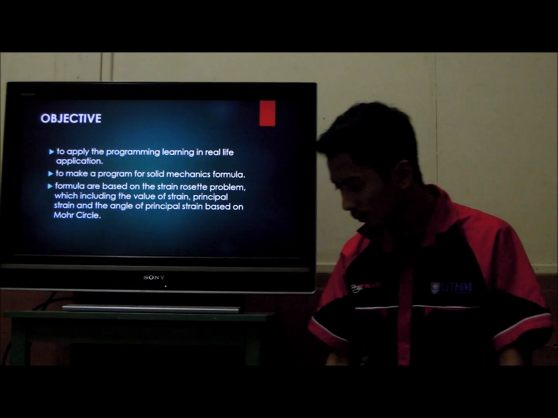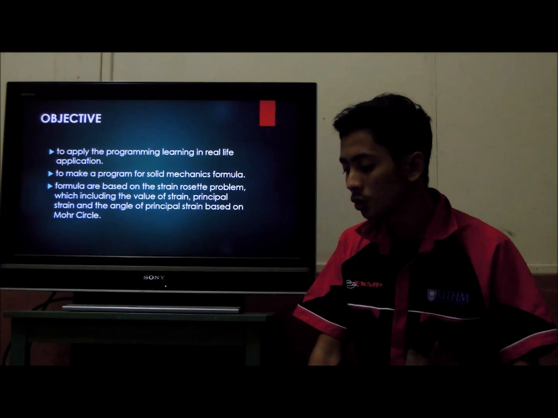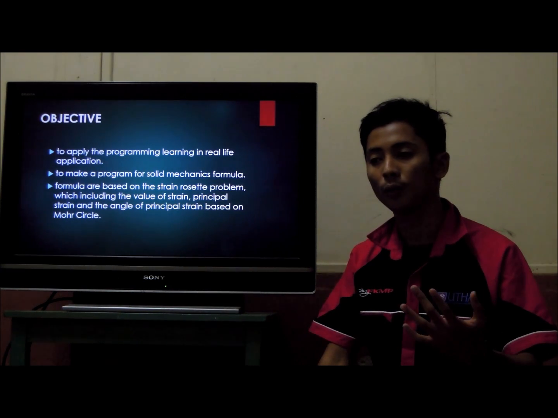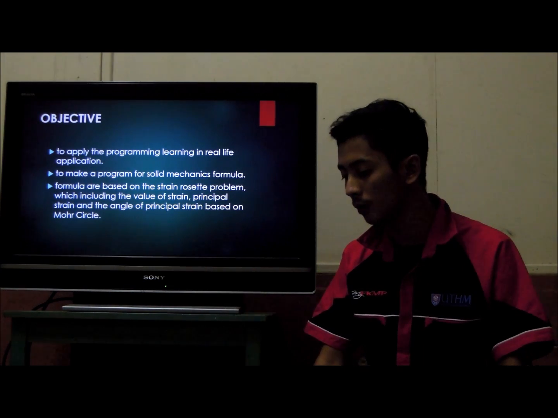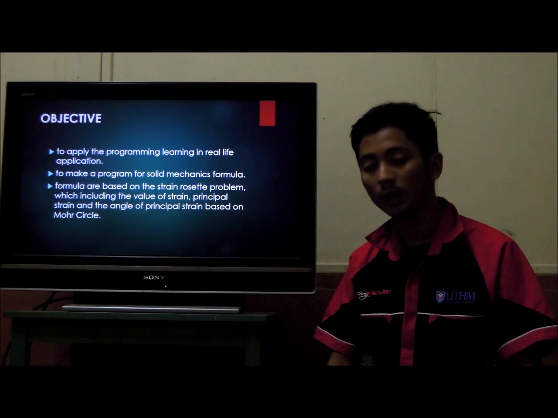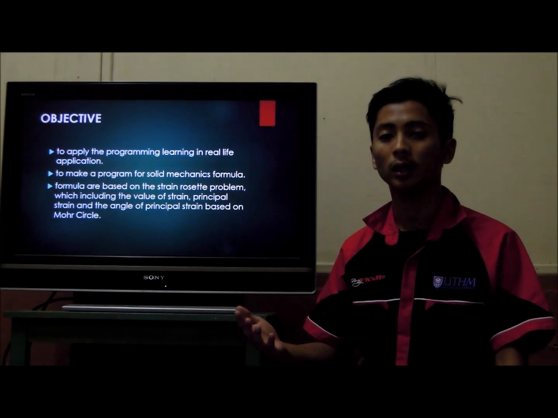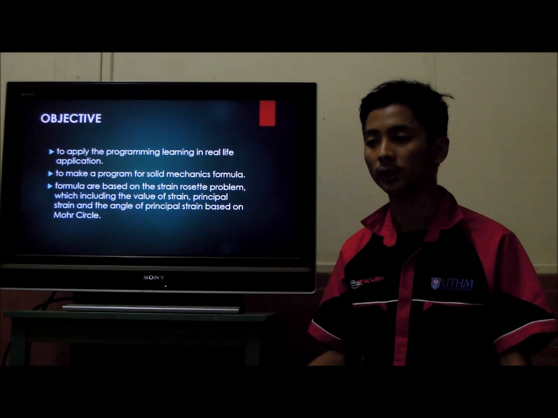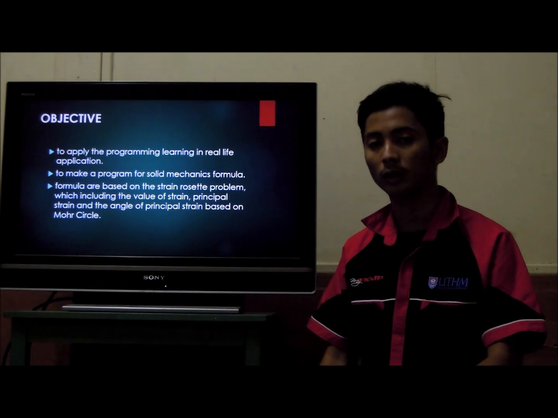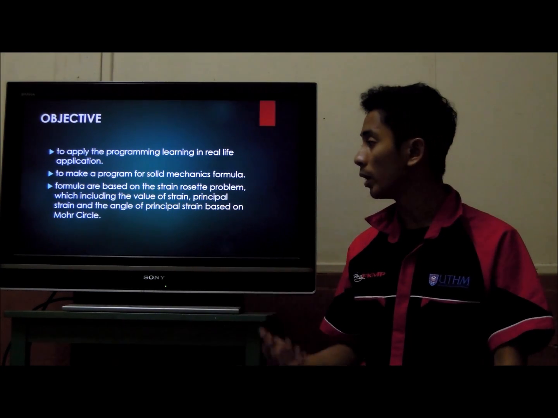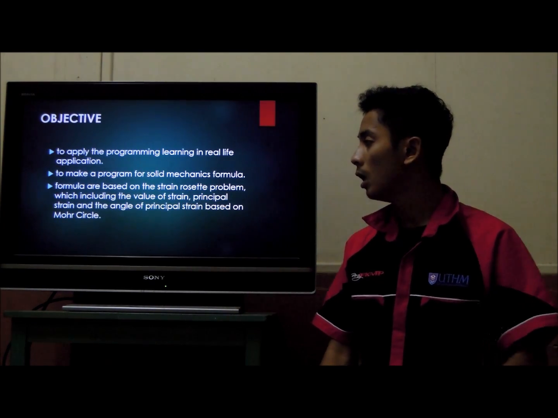Next, we will go to the objective. The objective for this project, firstly, is to apply the programming we learned in a real-life application. So what we have learned in class, we try to apply in real-life applications, like we did in this project. We also need to make a program for a solid mechanics formula.